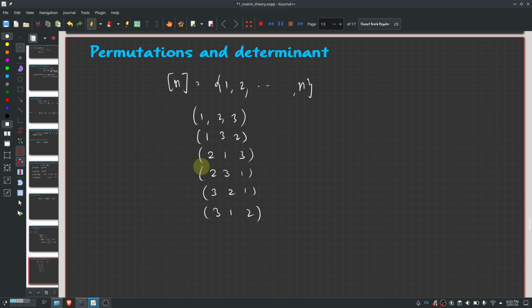Each of these is a permutation, and I'll denote permutations by little sigma. So sigma is basically any bijective function from [n] to [n].